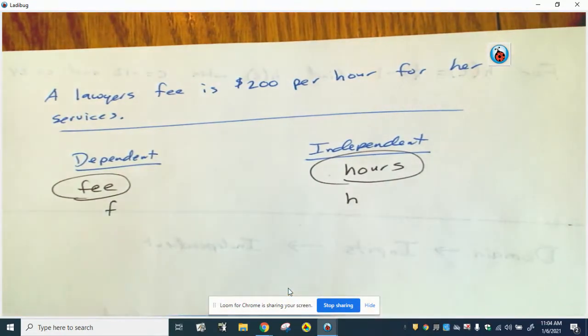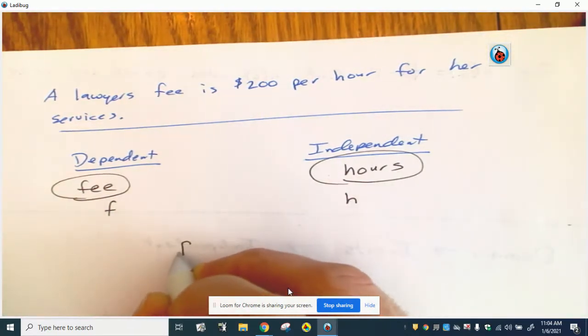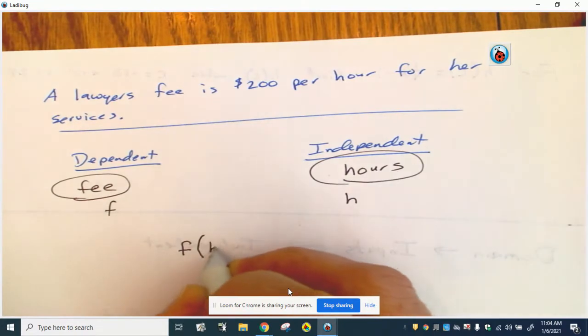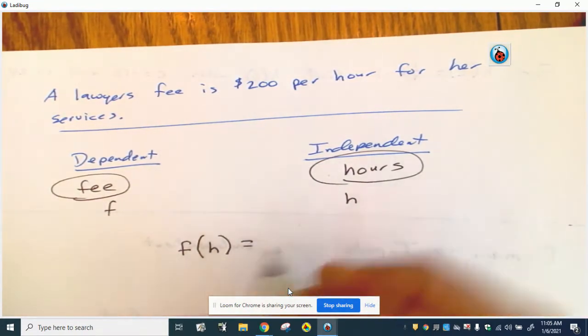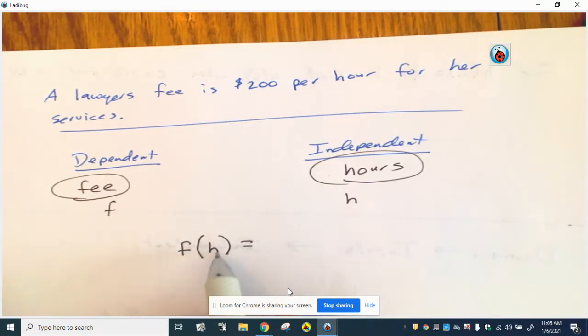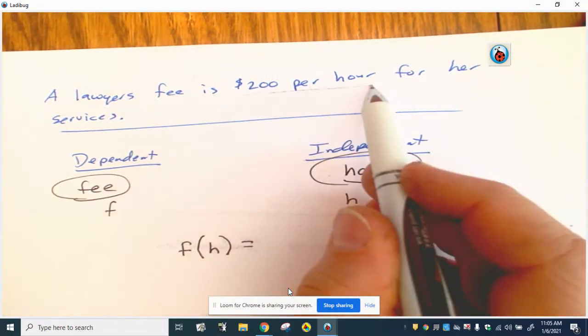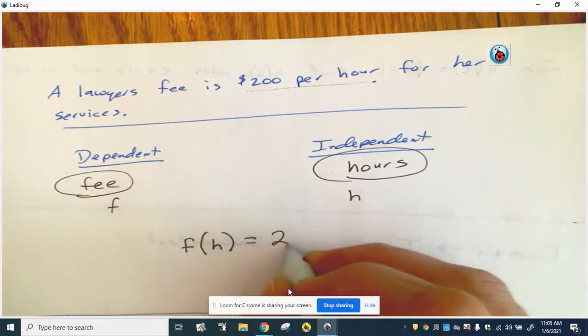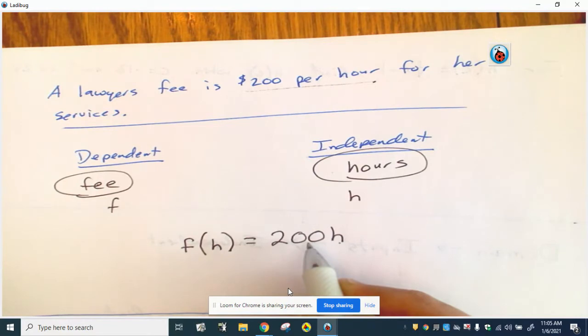We'll use f here, and we'll use h to represent the hours. So we can write an equation of something like f of h, where h is the independent variable. That's the input. We're going to put h in here. Now, what would we do with this? $200 per hour. We would just multiply h, the number of hours, by 200, and that will give us our fee.